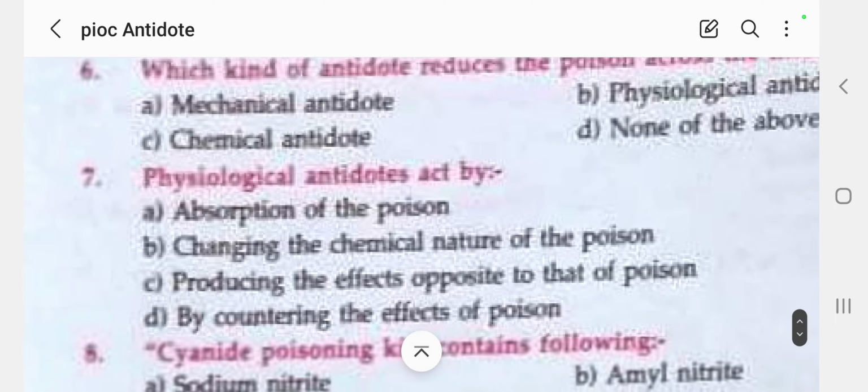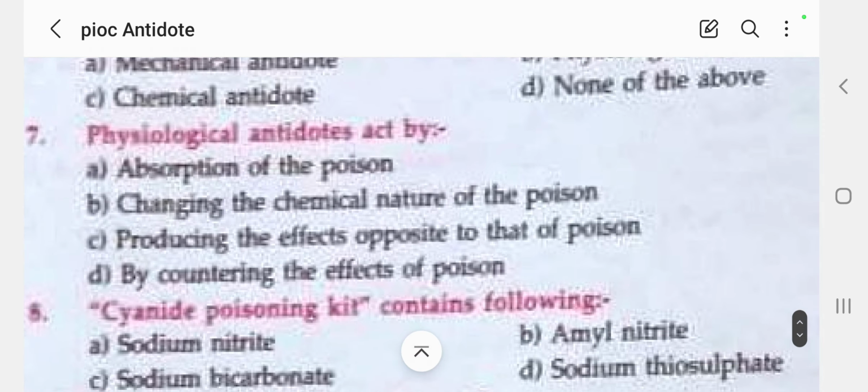So next, physiological antidote acts by, so we'll see one by one. Absorption of poison comes under mechanical. Changing the chemical nature comes under chemical antidote. Producing the effect opposite to that of the poison is the correct answer.